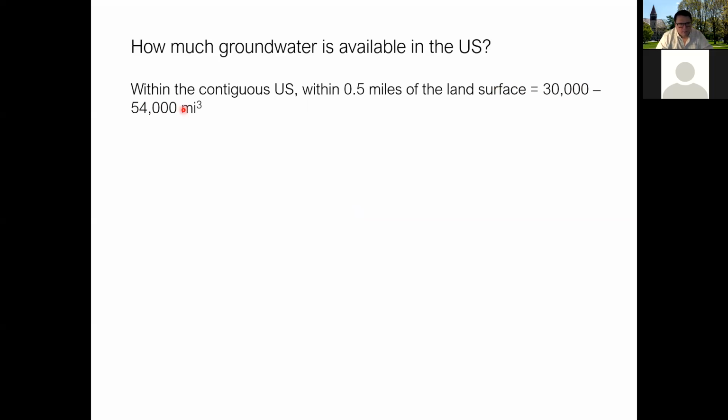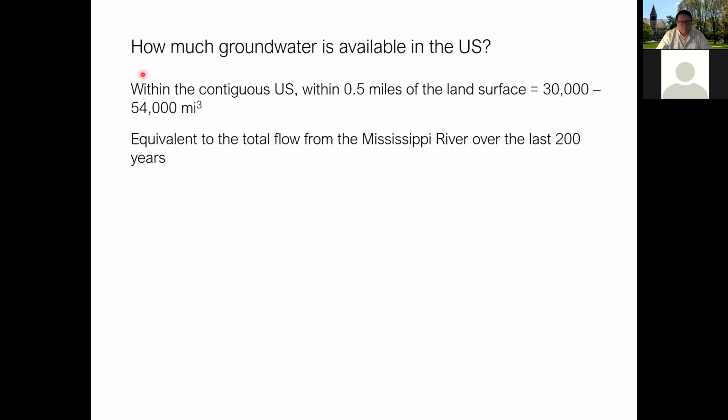That's a number that's quite frankly impossible to understand. So I'll give you an equivalent, something that might make a little more sense. If you were to take the amount of water stored in aquifers in the contiguous United States, that's equivalent to the flow of the Mississippi River over the last 200 years. So just think about how much water is going down the Mississippi every single second, and recognize that, on the scale of comparison, the groundwater storage is much larger than the Mississippi River on a multi-century scale.